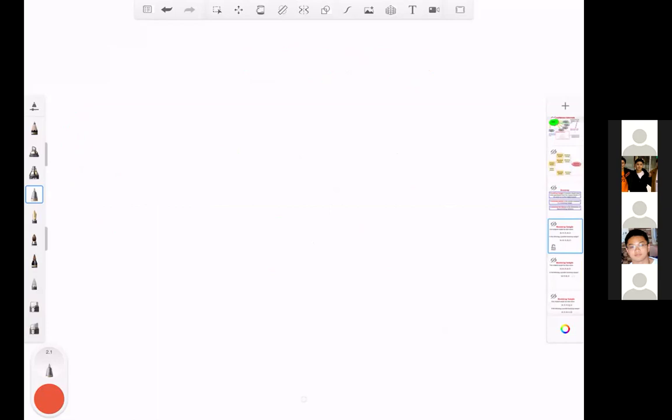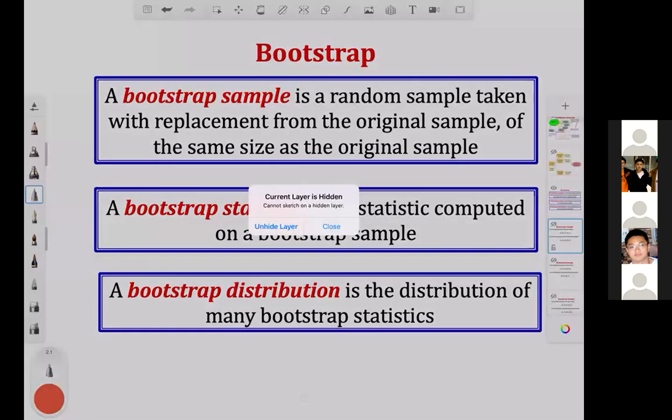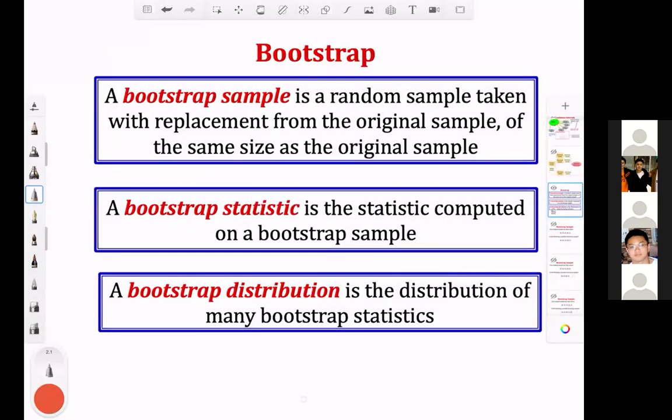So let's memorize something here. A bootstrap sample is a random sample taken with replacement from the original sample, of the same size as the original sample. Makes sense.